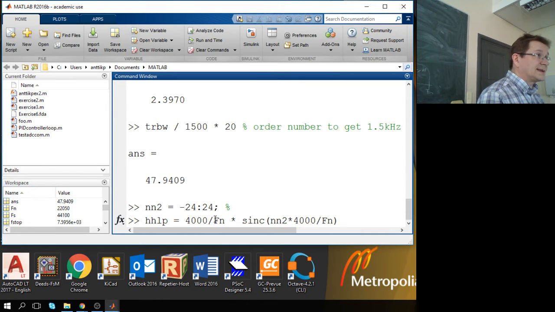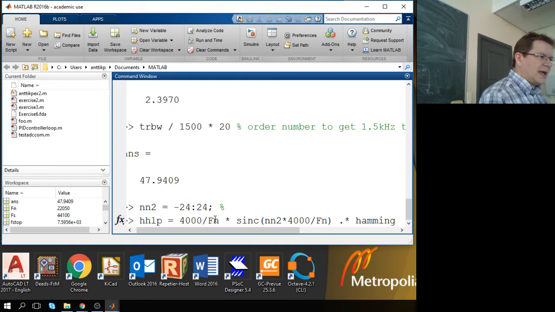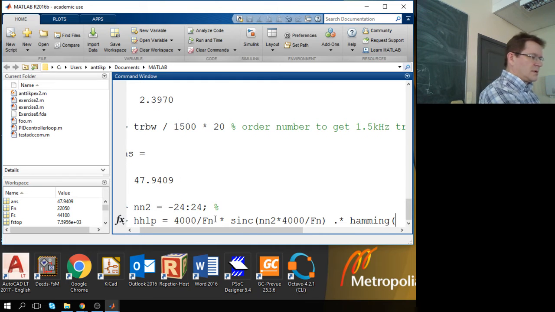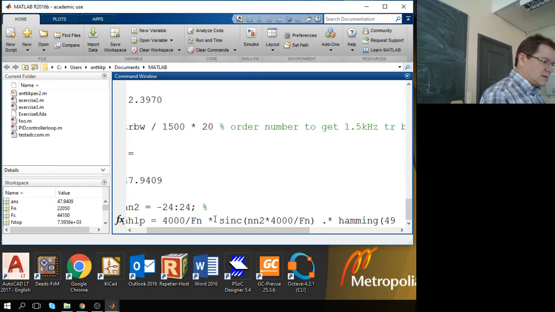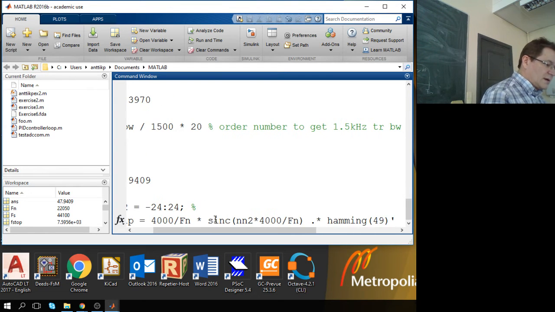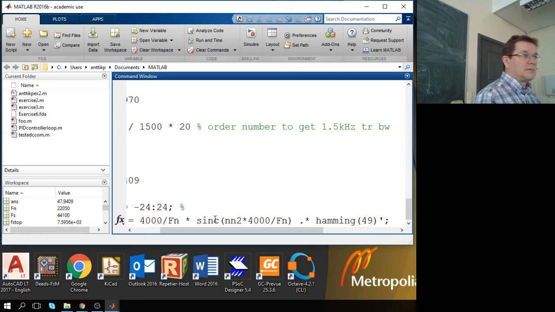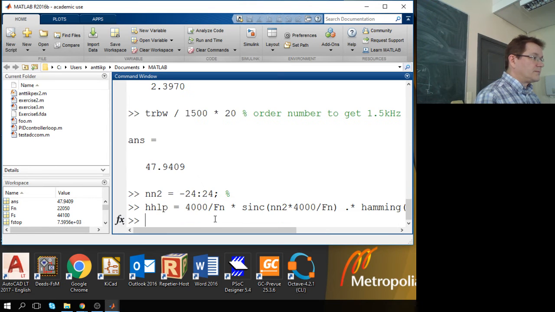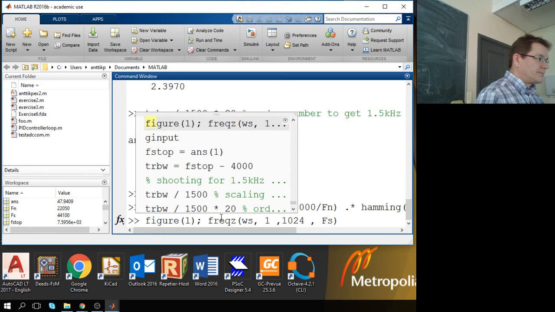Okay, that takes care of the transition bandwidth and the cutoff frequency, and then we need the Hamming window. I was using Hamming, right? Hamming window of 49 points, and that's it. New figure.